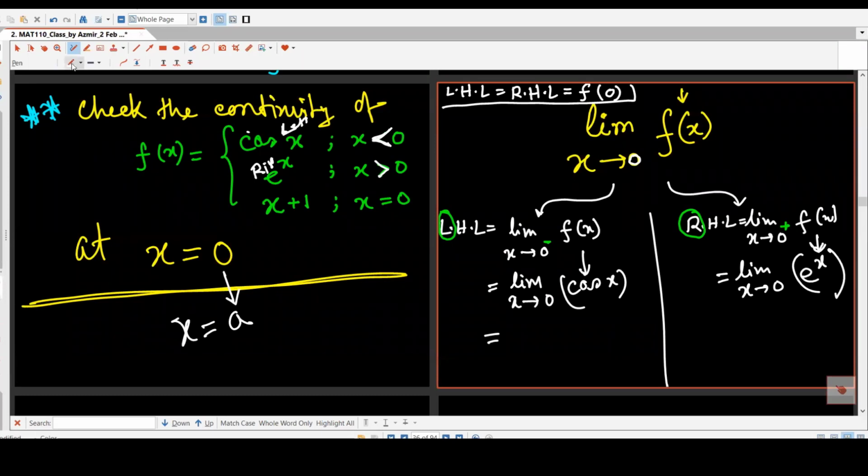Now let us look at where we need to input the value of x. In this portion, we have to input 0. So cos 0, the value is 1. Left hand limit is 1. E power 0 is also 1. That is, the right hand limit is also 1.